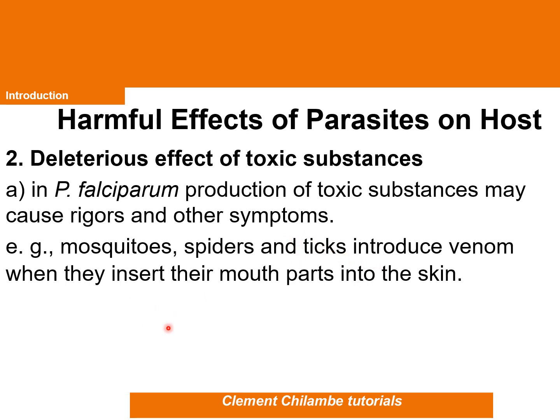Since they have invaded, for them to do whatever they want to do, that is causing an infection, or getting their food and also their shelter, you find out that in turn they are introducing the venom into the skin. So those are deleterious effects of toxic substances, and we are going to term this as our second harmful effect of parasites on the host.